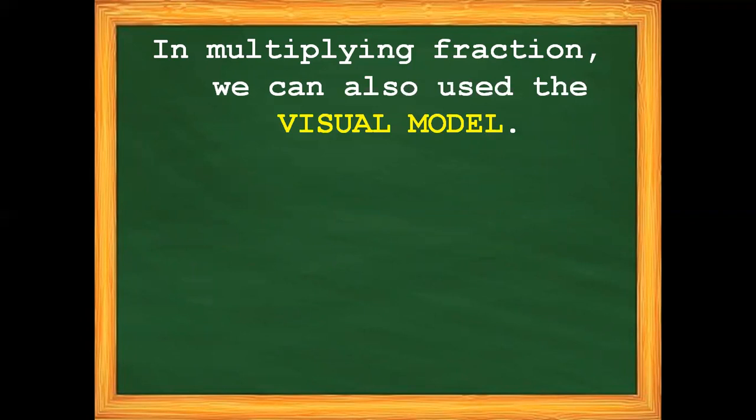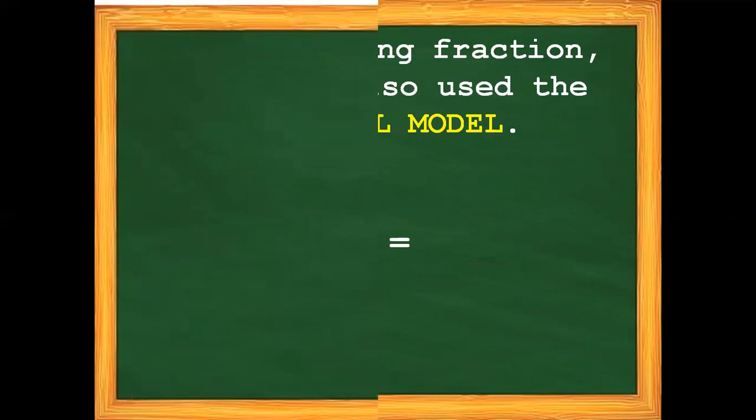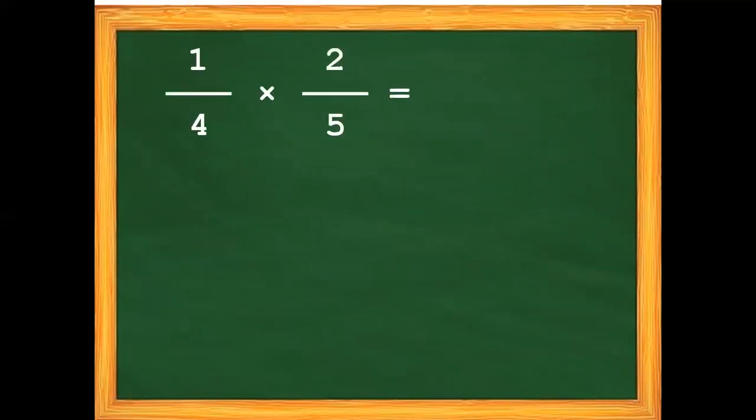Aside from that, we can also multiply fractions using a visual model. So again, we have 1/4 times 2/5. In this case, we need to represent 1/4 in the form of an illustration. So we need to draw 1/4. How are we going to show 1/4? In an illustration.